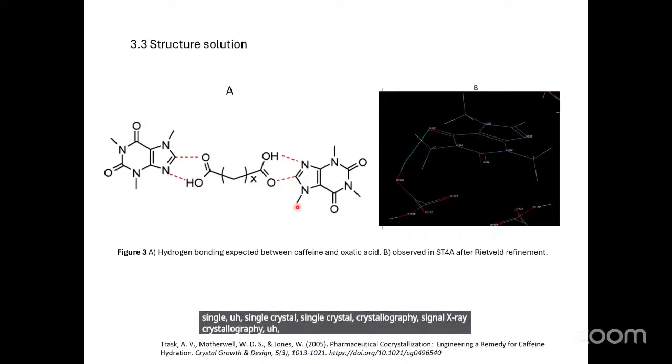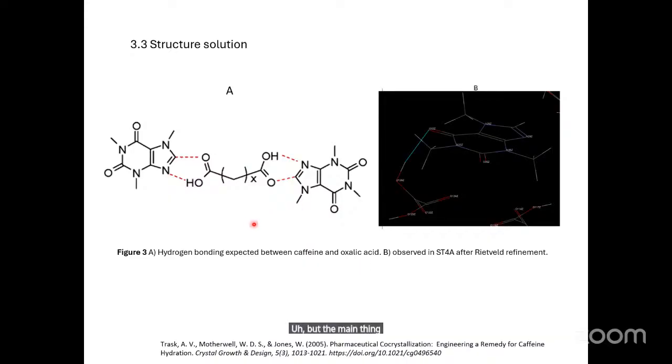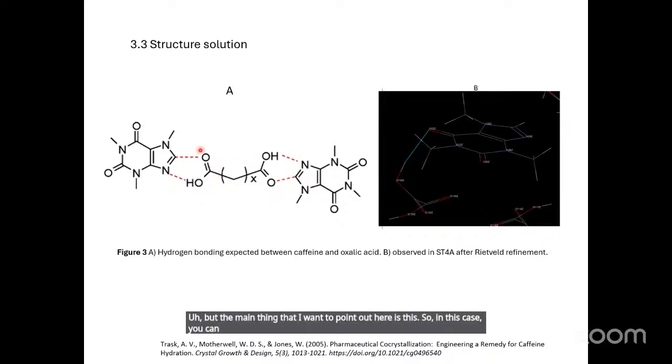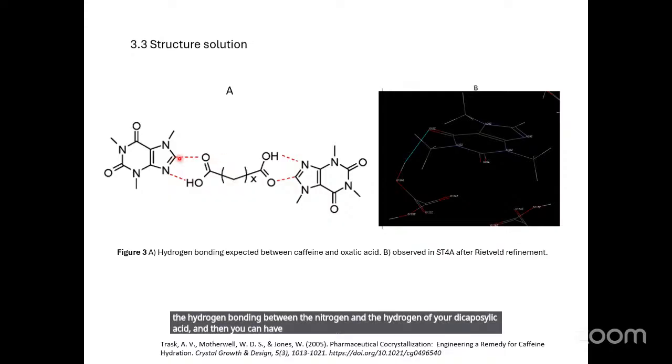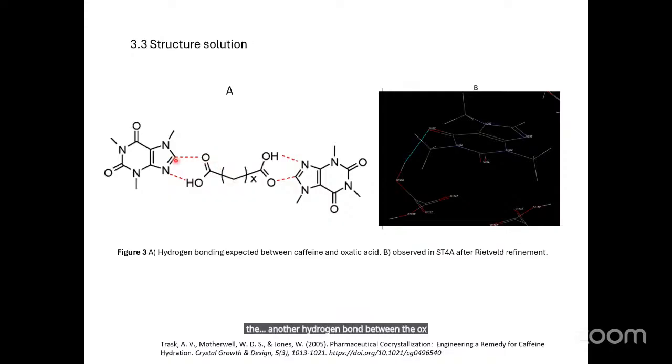The main thing I want to point at here is this model with a dicarboxylic acid, so it could be anything really. What they point out are these heterosynthons, where you can have hydrogen bonding between the nitrogen and the hydrogen of your dicarboxylic acid, and then another hydrogen bond between the oxygen and that end of the double bond there.